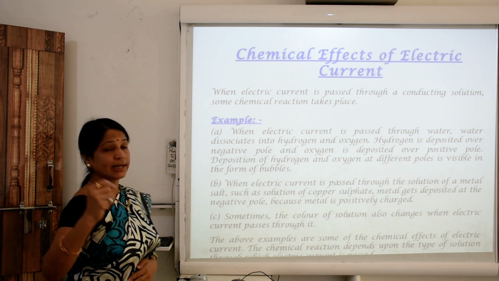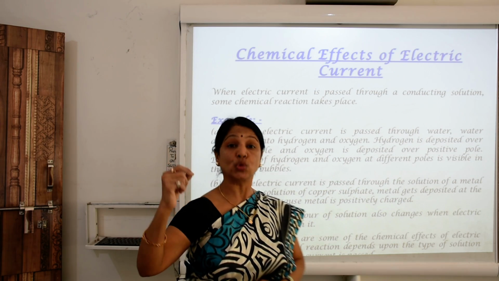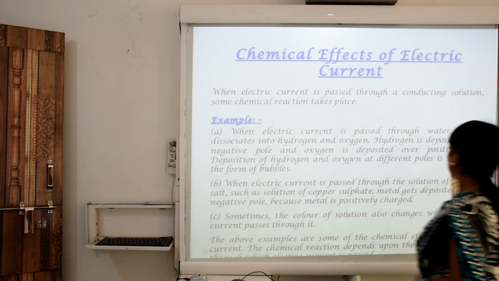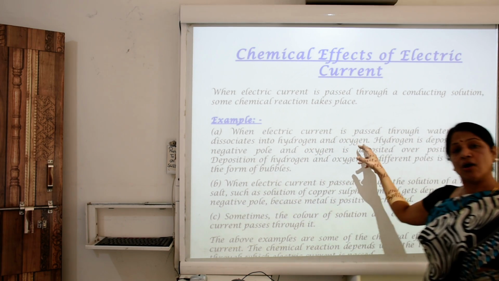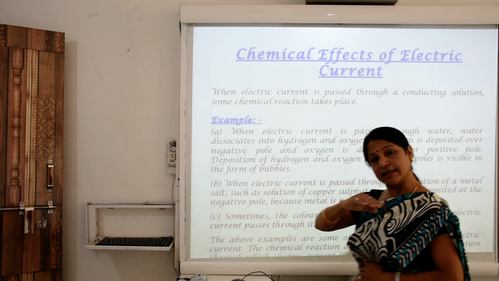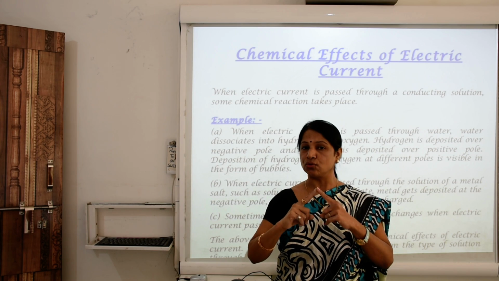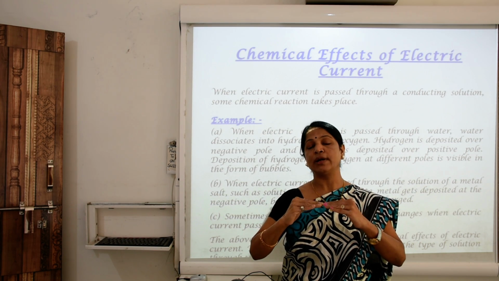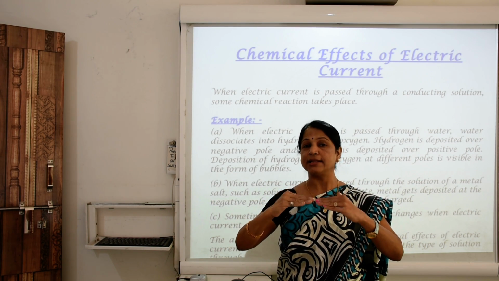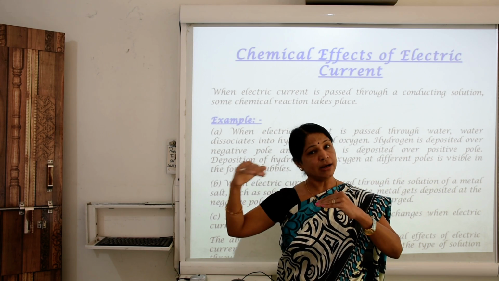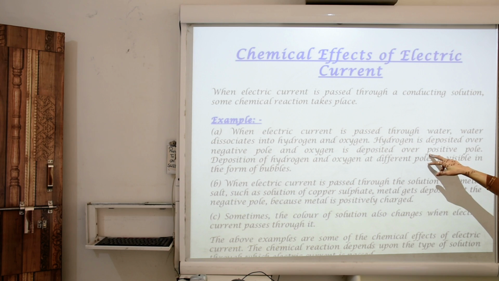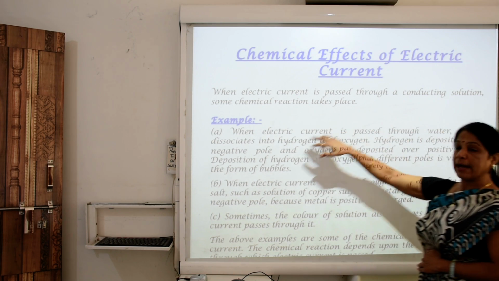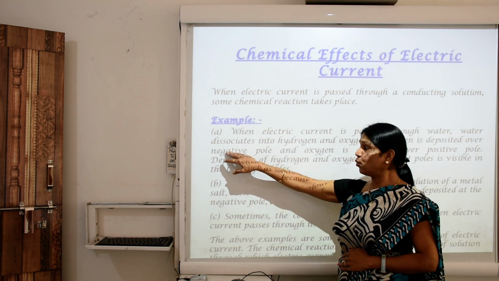Example: when electric current is passed through water, it dissociates into hydrogen and oxygen. H2O is divided into two, dissociated into hydrogen ion and oxygen, and they are deposited over the positive pole or the negative pole.